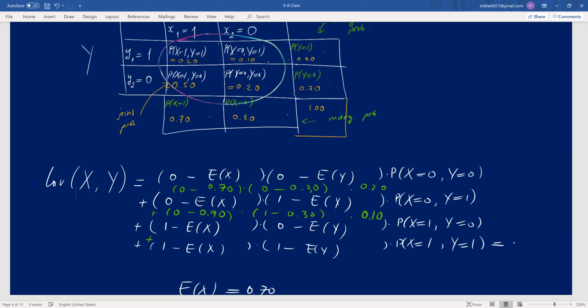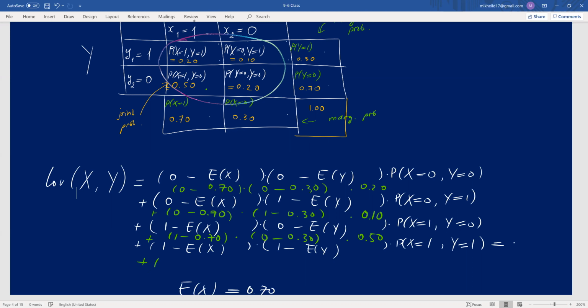And you add to this 1 minus 0.70 times 0 minus 0.30 times the probability that x equals 1 and y equals 0, which is 0.50.